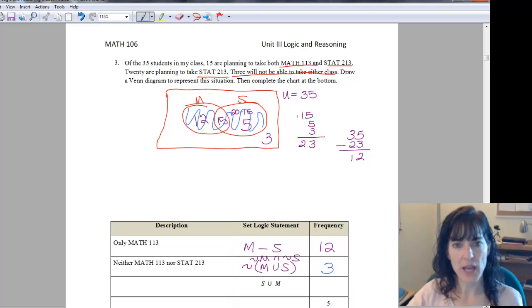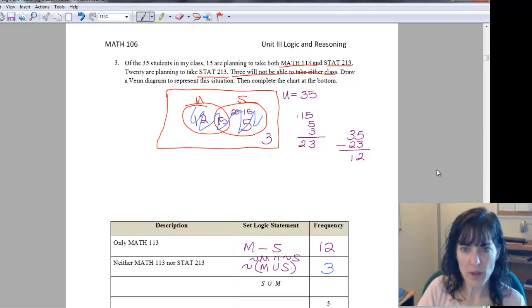Next, we want to look at SUM, it says, which means stats, and it's right down here, stats union math. So stats is this circle, union math is this circle. So that means everything in all of those together. So what I just had and erased, this whole region, is what we want to total up. And we know that we have 12, 15, and 5, so 12 again and 32.